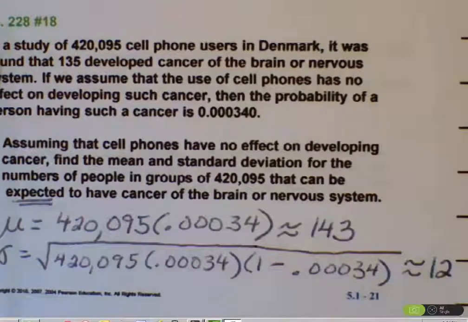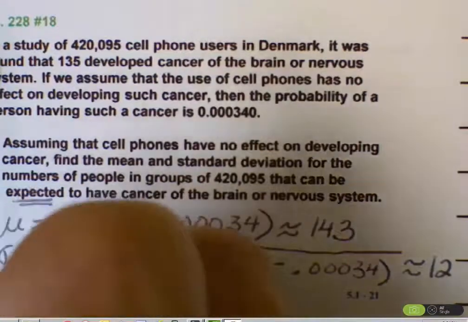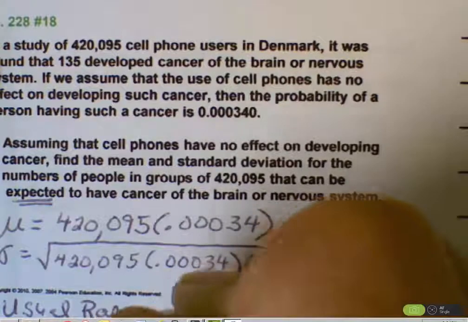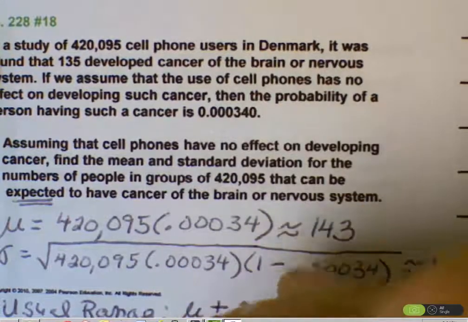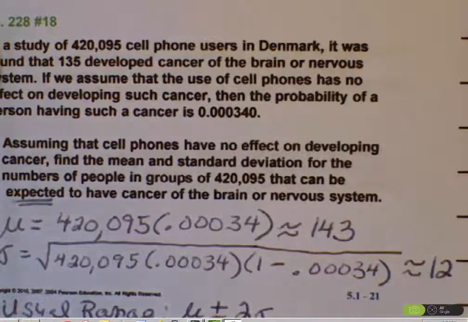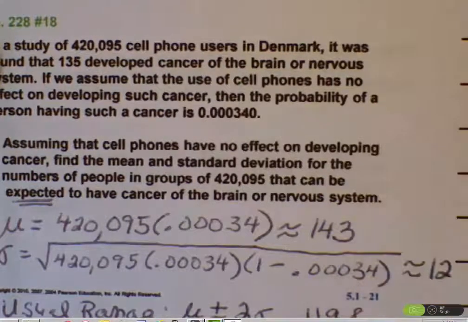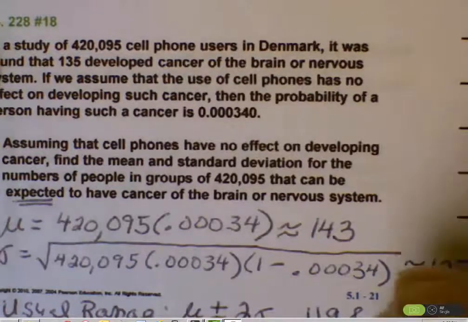I would say the max, or I'm going to call it just the usual range, is the mean plus or minus two standard deviations. 143 minus 24 is 119, and 143 plus 24 is 167.